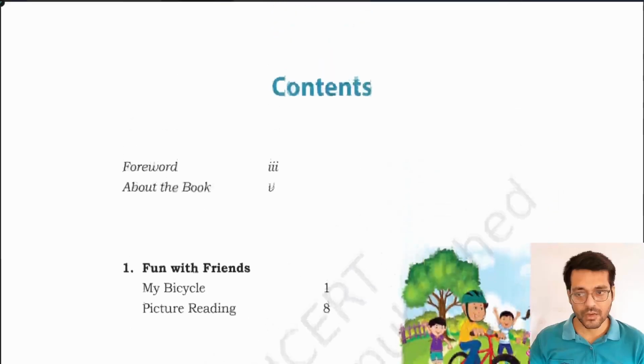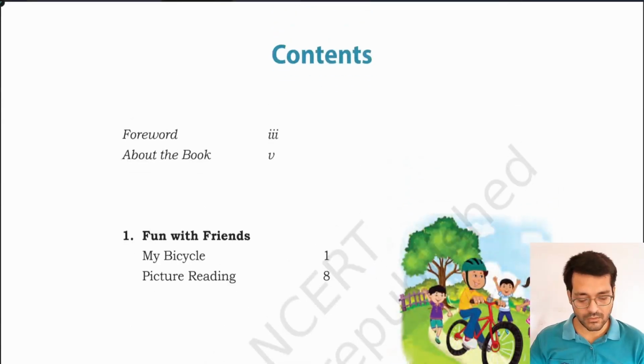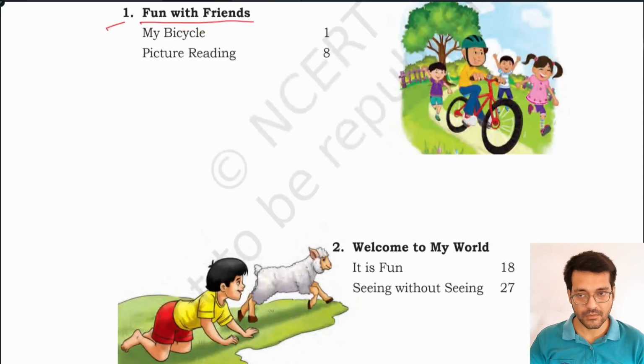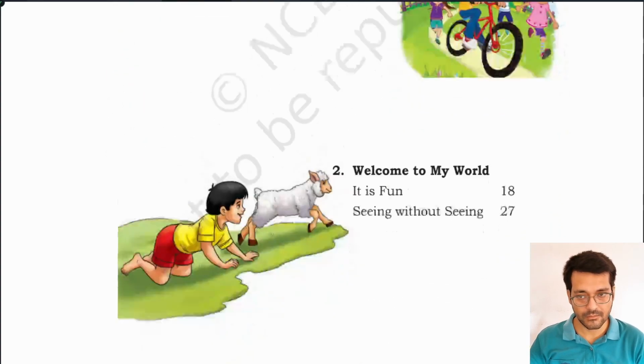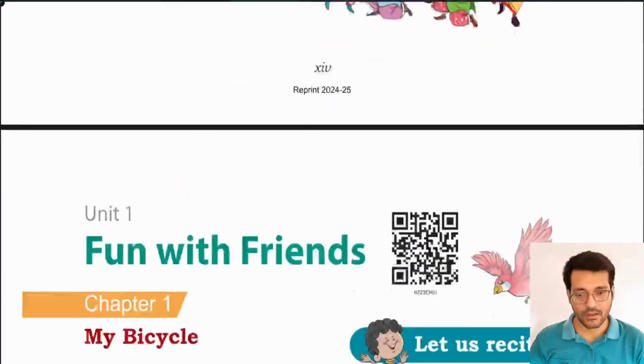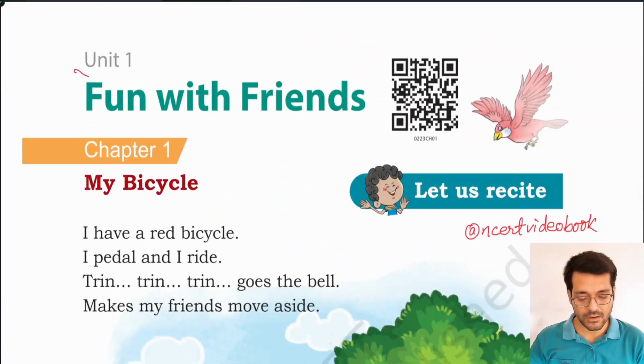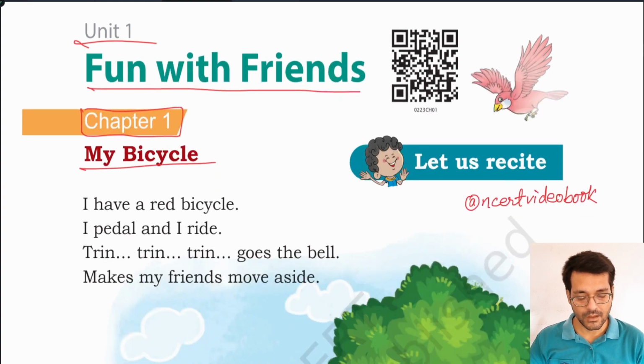Today we are going to read Unit 1, Fun with Friends. Our first chapter is My Bicycle. Let's start Unit 1, Fun with Friends. Chapter 1, My Bicycle. Let us recite.